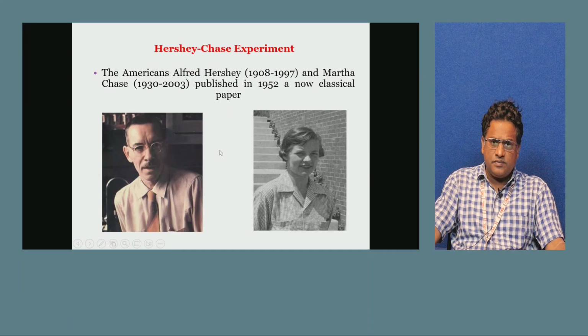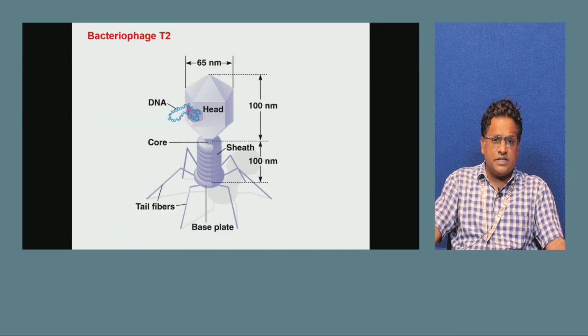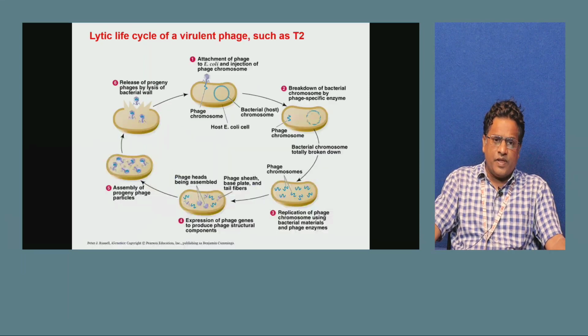Okay. Then the Hershey and Chase experiment, again one of the classical papers and one of the pioneering studies, where they found that when you take bacteriophage, right? The bacteriophage actually infects the bacteria, E. coli. So they found that the DNA is being transferred from the bacterial virus to the E. coli.